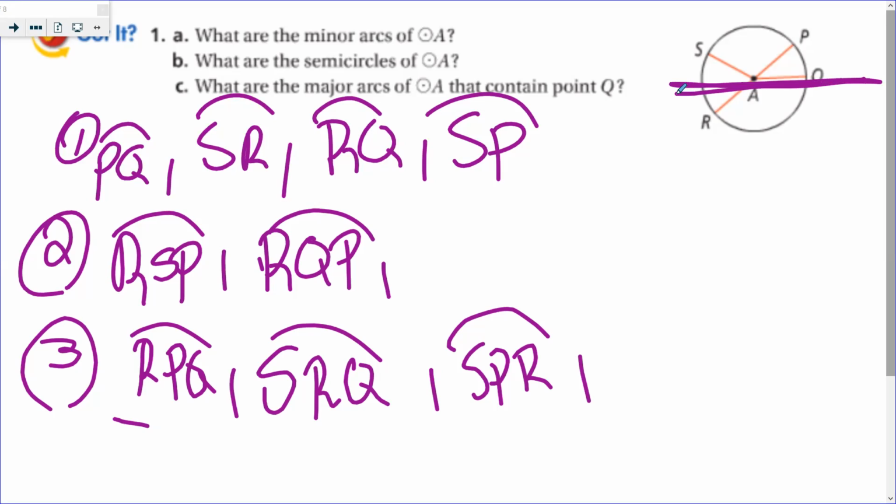QRP. Where is Q? You say QRP, I say RPQ. It's the same. Is it PRS? PRS. Yes, you said it. SPR. SPR. Yes.